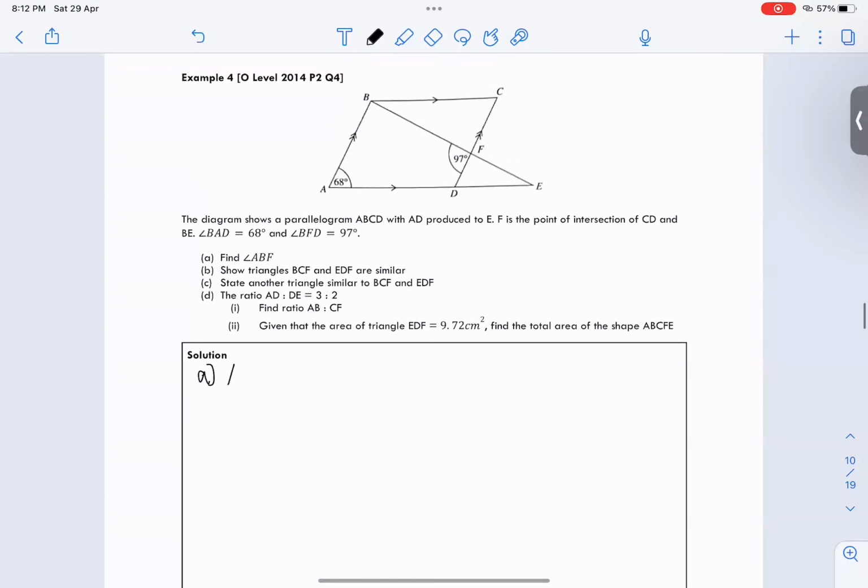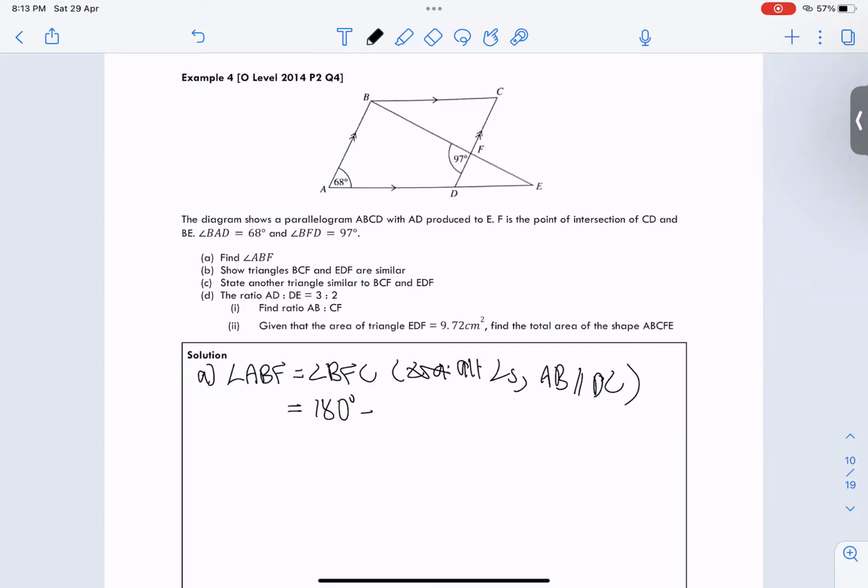So, angle ABN equals angle BFC, alternate angles, AB parallel to BC. Okay. And it goes to 180 degrees minus 27 degrees.